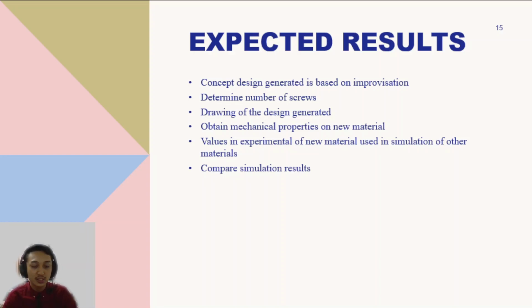To determine the number of screws, we reviewed the literature, where 3 or 4 screws on each side of the fracture is sufficient. We want a drawing of the design generated, and we want to obtain the mechanical properties of the new material through experiment. The values from the experiment of the new material will be used for the simulation of other materials. Then the results of the simulation will be compared.